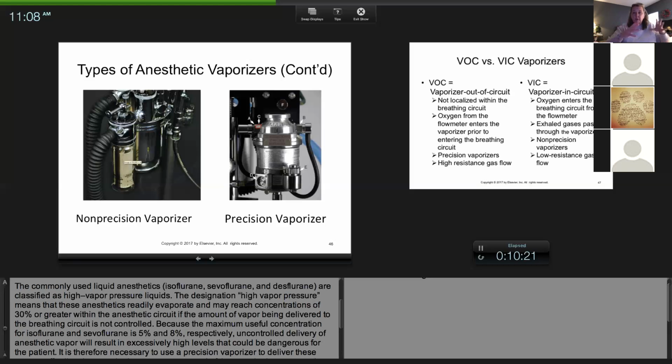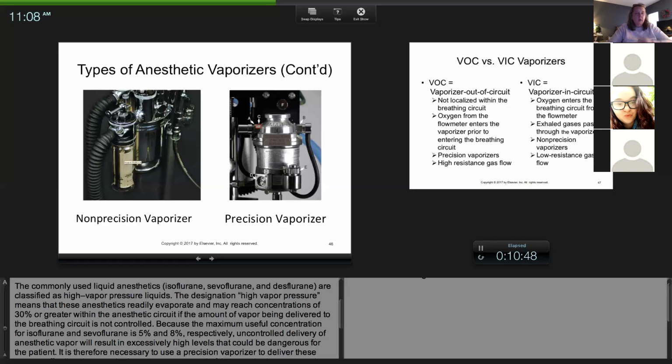Again, if their respiratory rate goes from 20 breaths a minute to 40 breaths a minute, what do you think is going to happen if they double their respiratory rate using this non-precision vaporizer? When they hyperventilate? So they're hyperventilating. What would it do to their anesthetic concentration? It's going to double the concentration? Essentially, because they've doubled their respiratory rate.